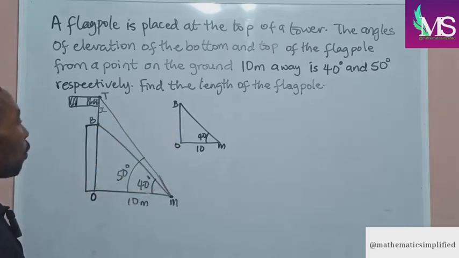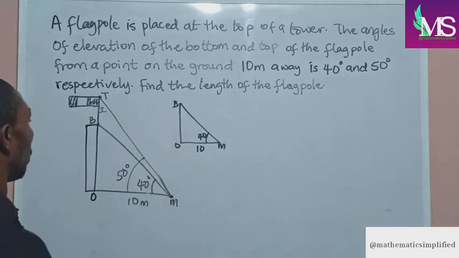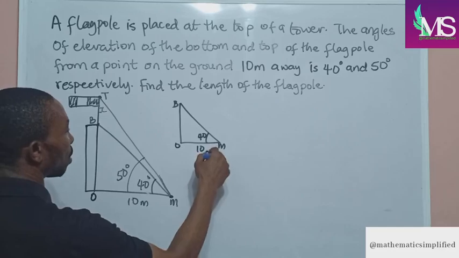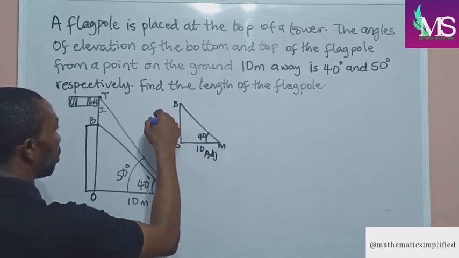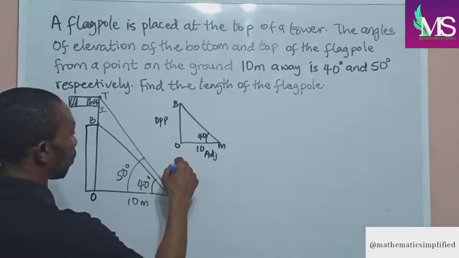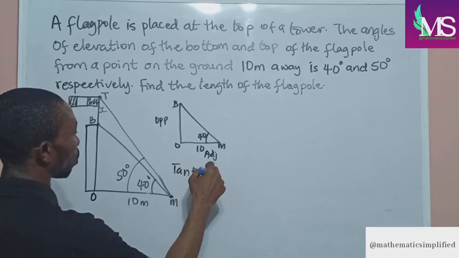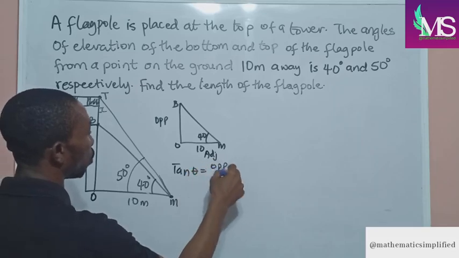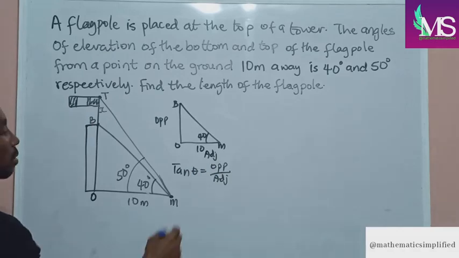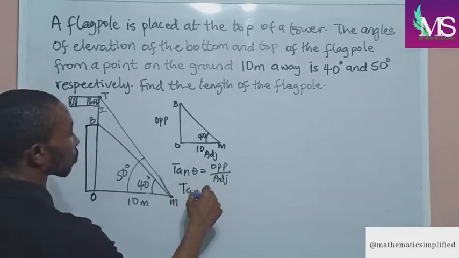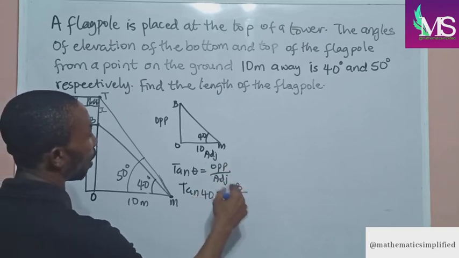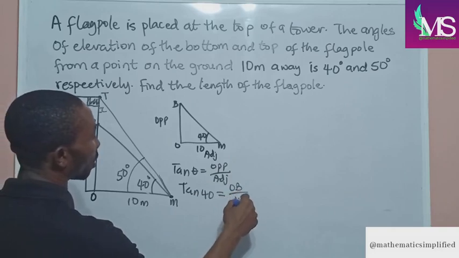Now for us to get OB, we know that OM is our adjacent and OB is our opposite. So we are going to use tan, where tan theta equals opposite over adjacent. So this becomes tan 40 equals OB over adjacent, which is 10.